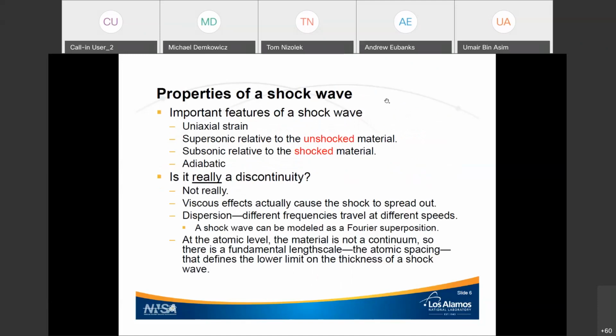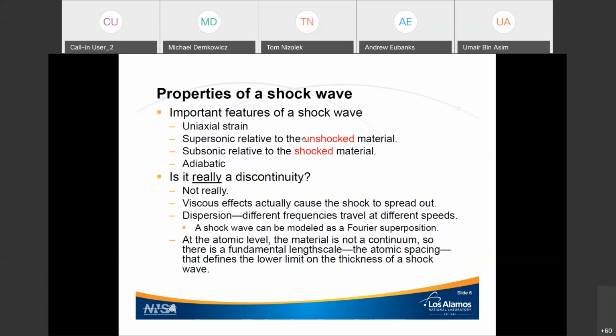Some of the important properties of shock waves are that the strain is uniaxial. The shock wave is supersonic relative to the unshocked material. So if you have some wave speed, longitudinal wave speed or bulk wave speed in the material that's defined by the bulk modulus, the shock wave will be running faster than that wave.